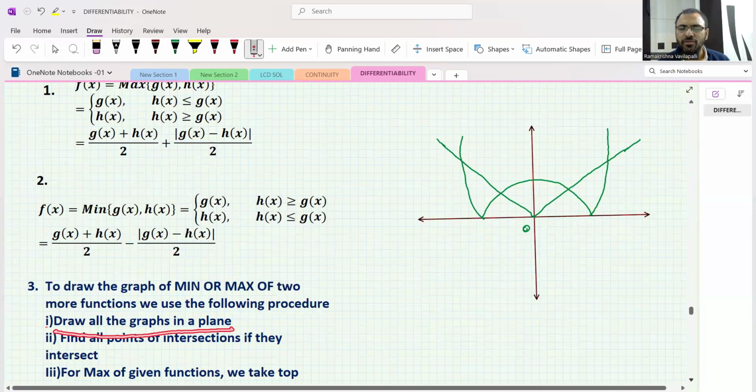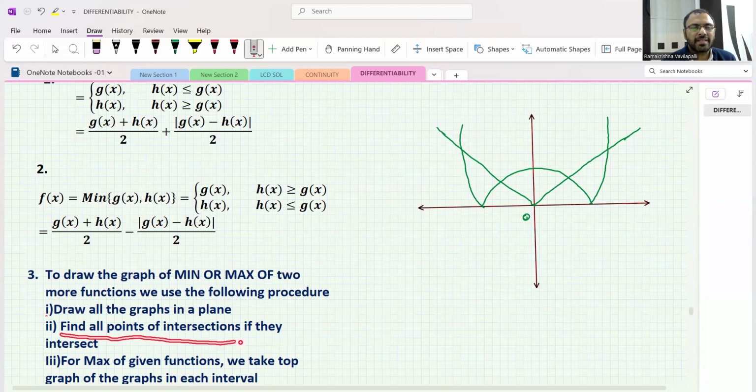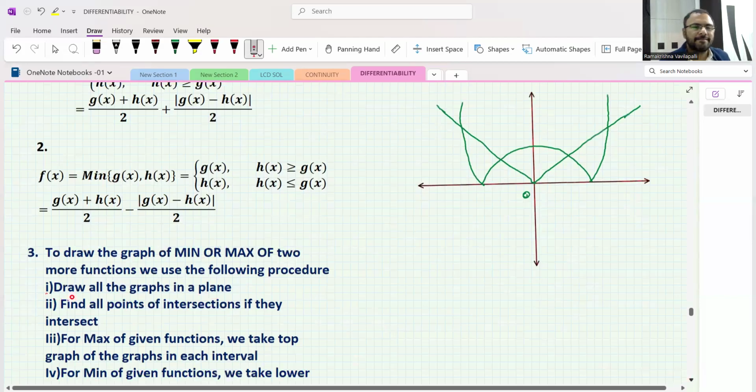If they have given two graphs, you draw the two graphs. And find all points of intersection if they intersect. Whenever they intersect, you need to find the points of intersection.